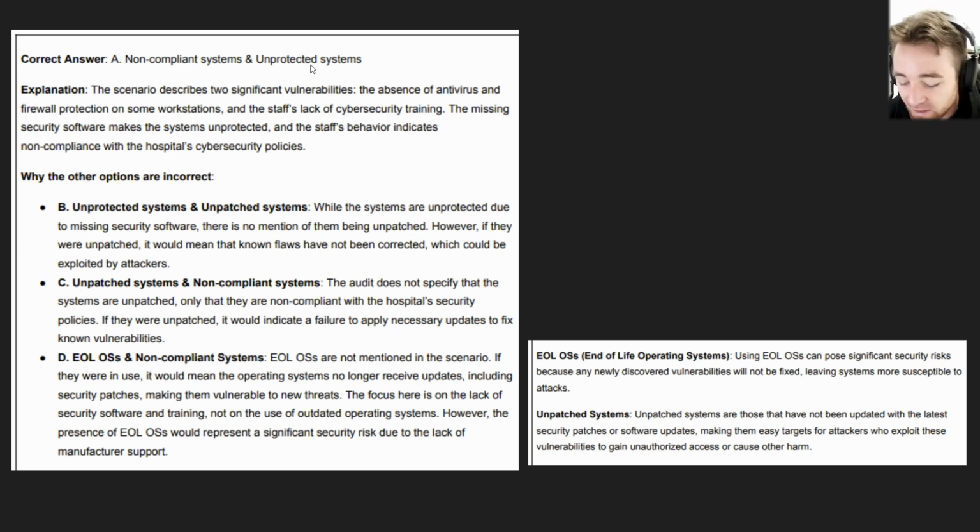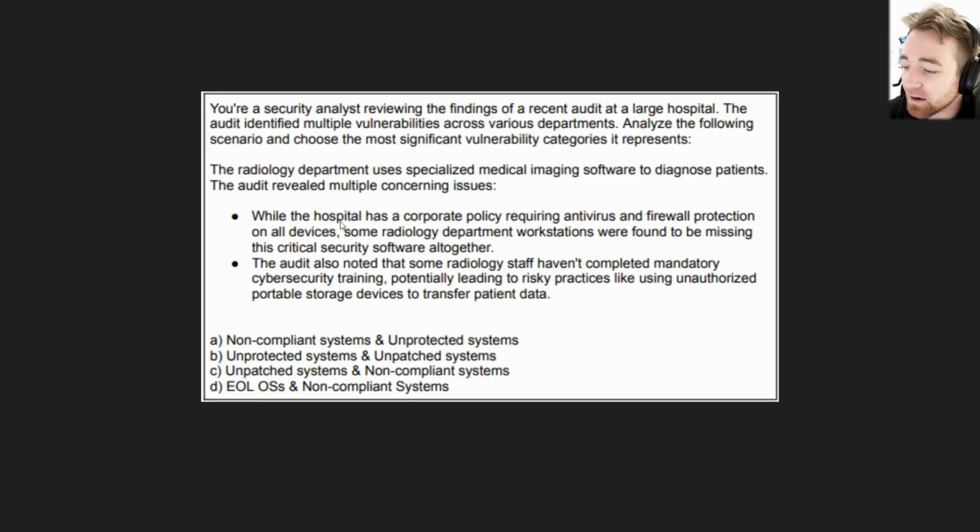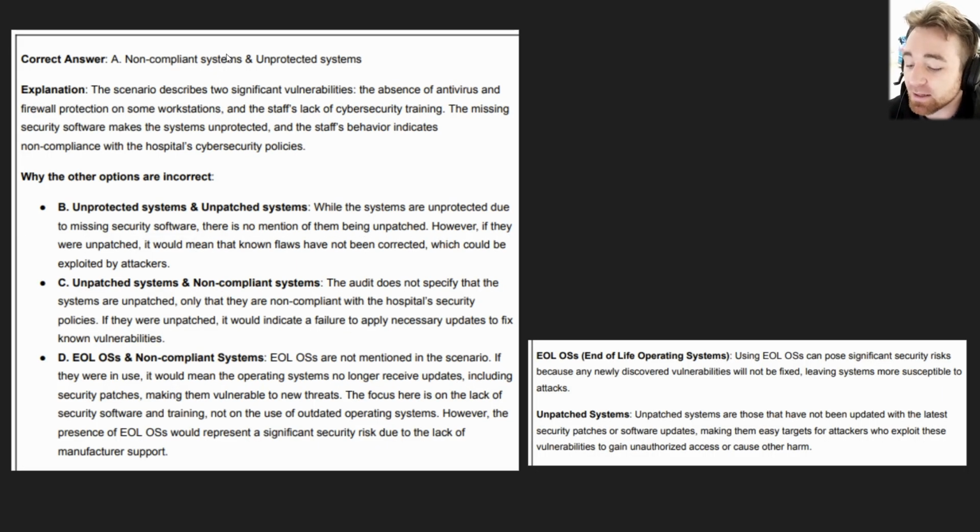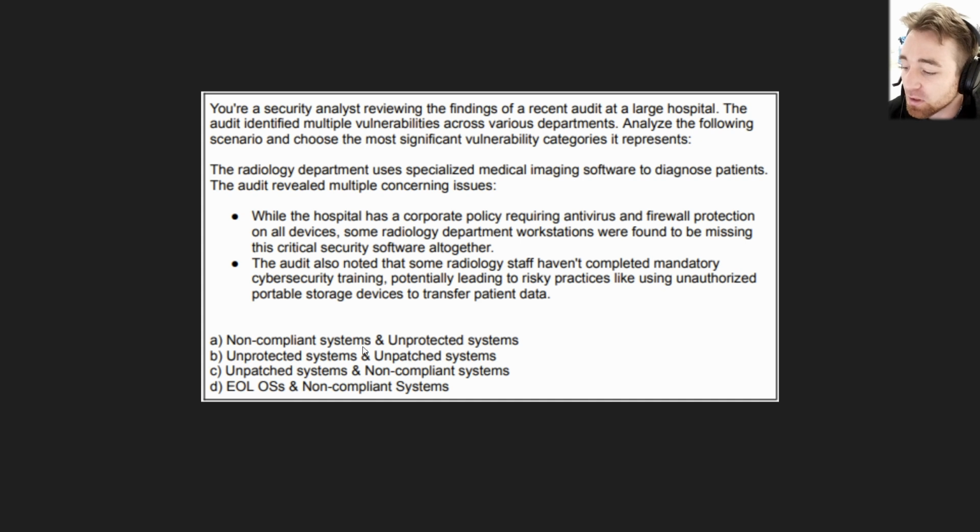Now, technically, we could say that in the question, it did say that the antivirus and firewall protection were missing, which were part of the corporate policy. So that really is also describing non-compliant systems. Regardless, this is the most correct answer because there is nothing about unpatched systems.